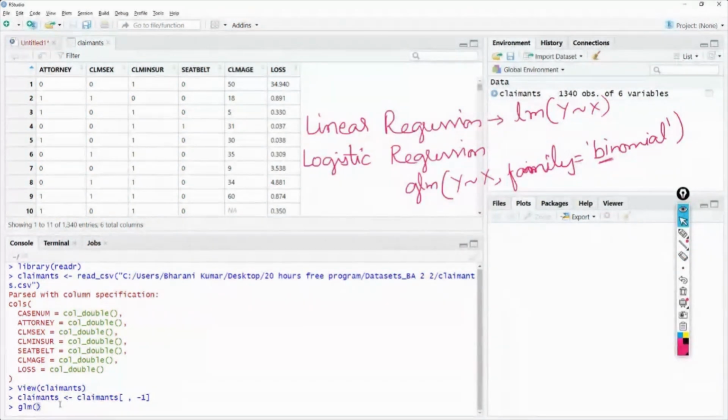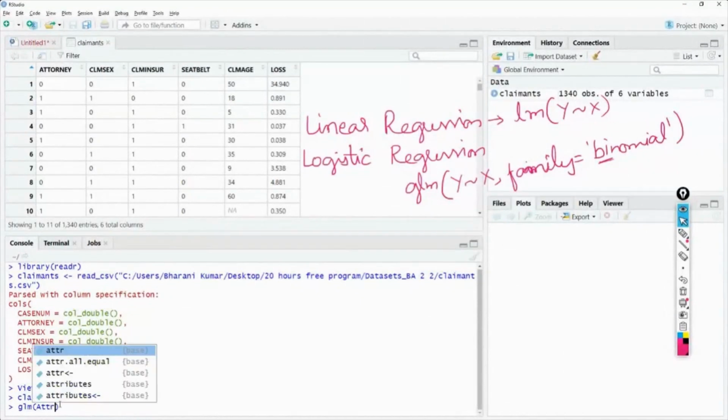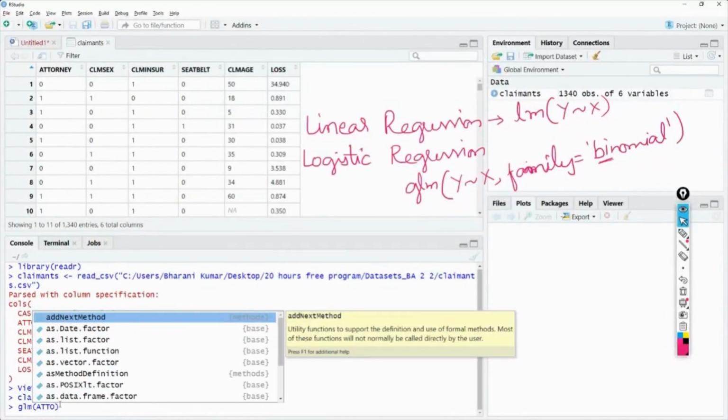Okay, let me run this. GLM of, what is your output variable y? Attorney.